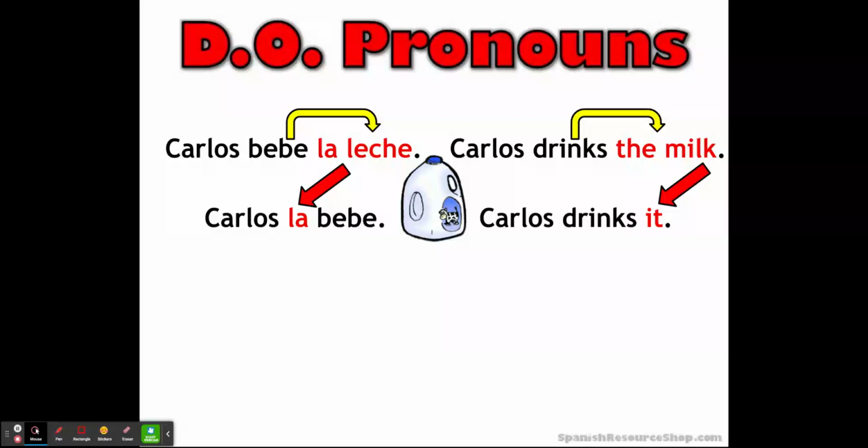When you replace the direct object, like la leche, with the direct object pronoun, we call it to simplify the sentence.